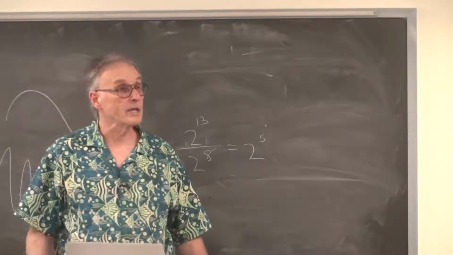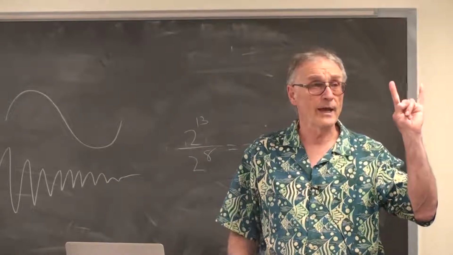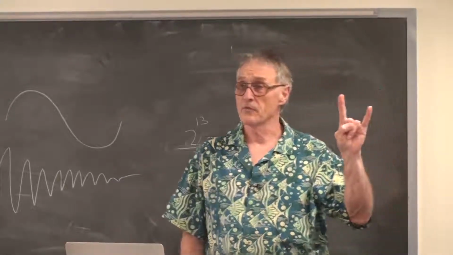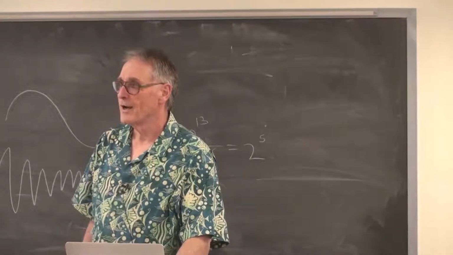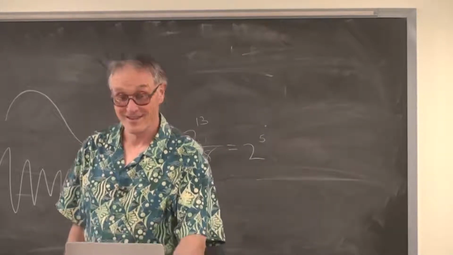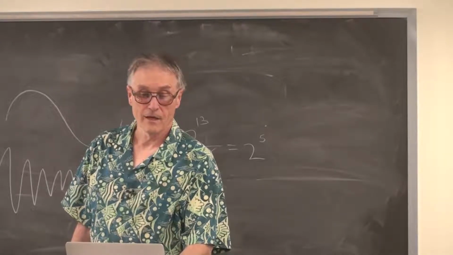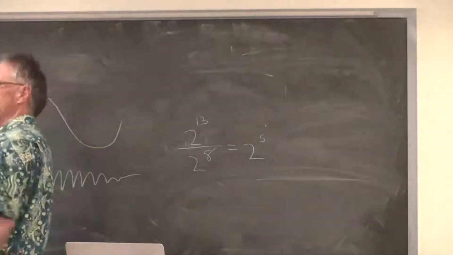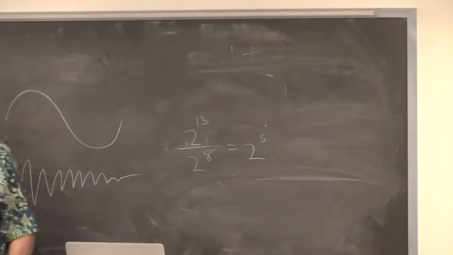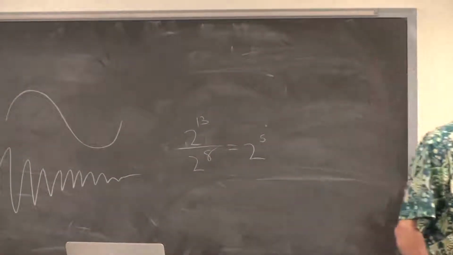Who's read the documentation? What is the maximum size transfer for a DMA burst, for a DMA block? Has anybody read the documentation? It's slightly obscure. Turns out there's an error in the documentation that says the maximum size is 256 bytes, and it's not true.